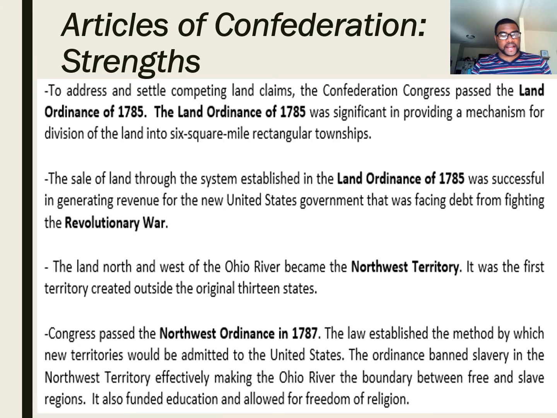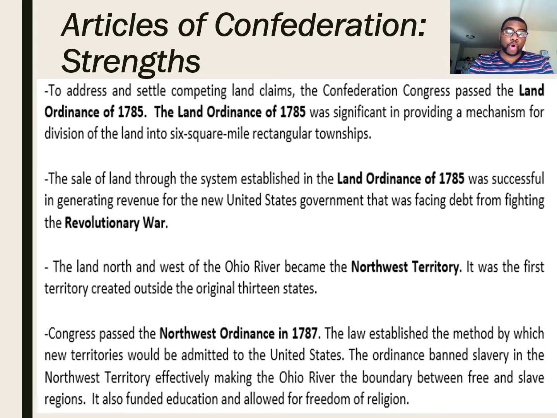The sale of land through the system established in the Land Ordinance of 1785 was successful in generating revenue for the new United States government that was facing debt from the Revolutionary War.